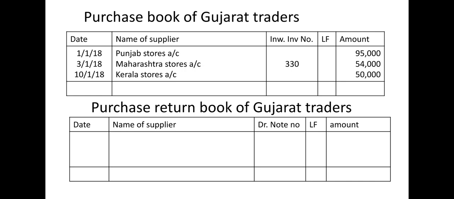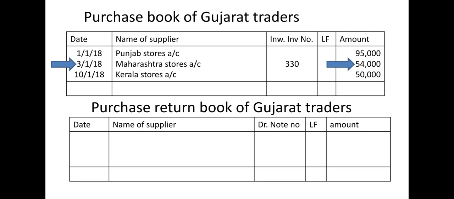Now here they have not given the amount, student, but a hint is given that 1/3 of the goods we have returned to Maharashtra stores. First of all, we should remember that on 3rd January, we have already purchased goods of 54,000 from Maharashtra stores, isn't it?